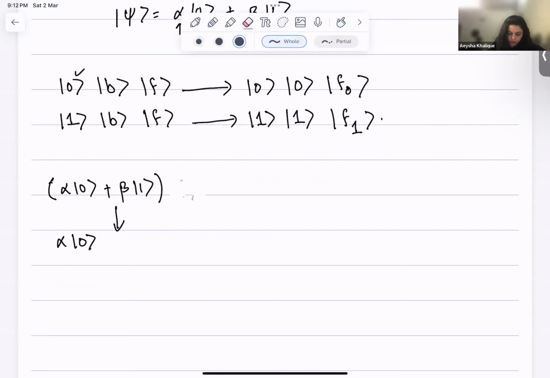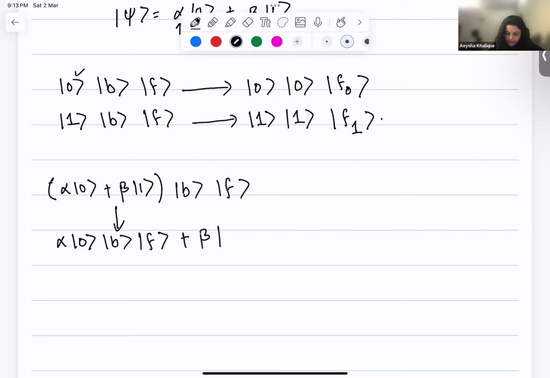Let me add one more thing here: there's a blank copy on which I want to make a clone. So there's this B and F. I have alpha 0, B and F for this, and plus beta, 1, the blank copy, and F. These two F's are in fact equal from here.